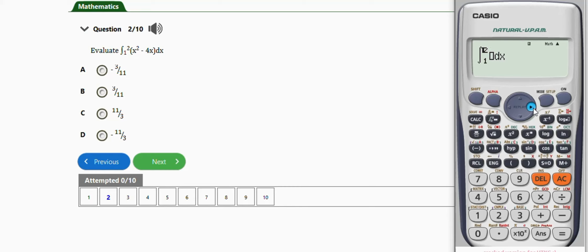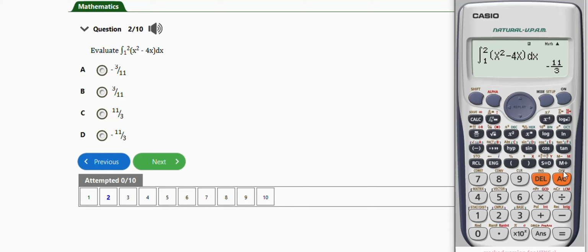Come to the center box, open bracket, we have x square minus 4x. Close the bracket, and we are good to go. Let's press equal to see the output. We have minus 11 over 3. So it's very straightforward. The answer is option D, minus 11 over 3.